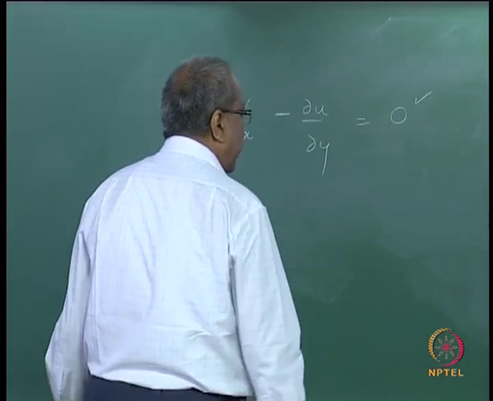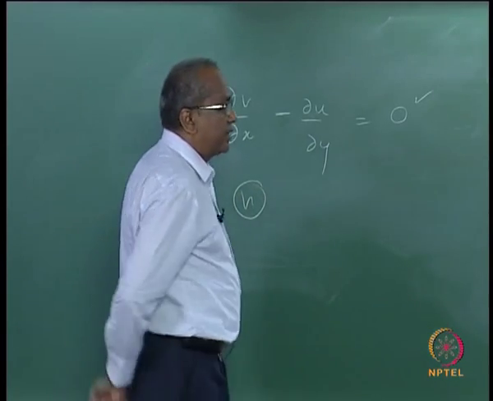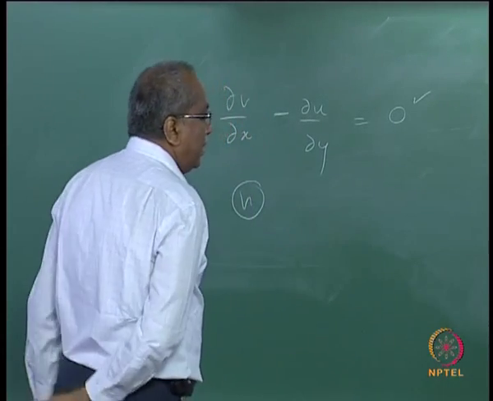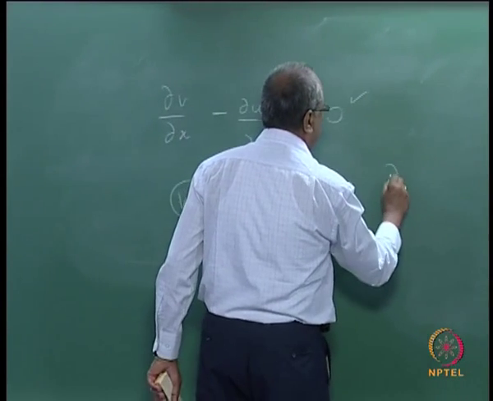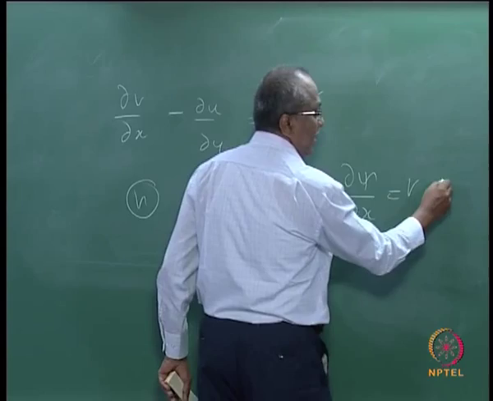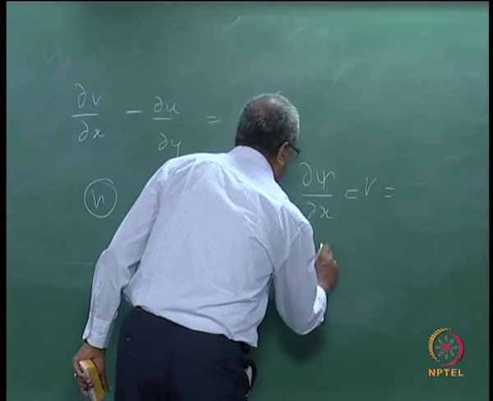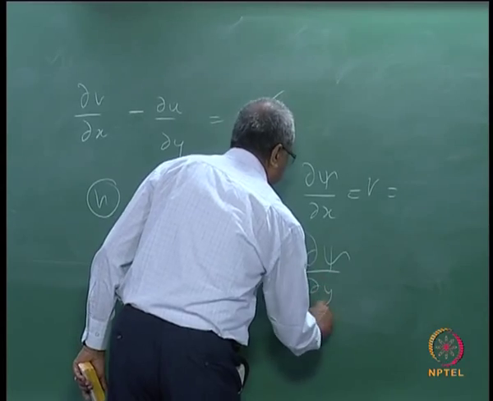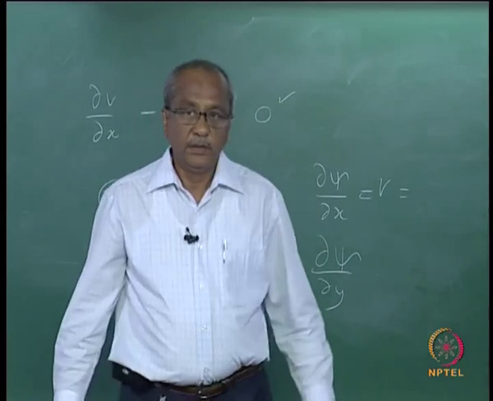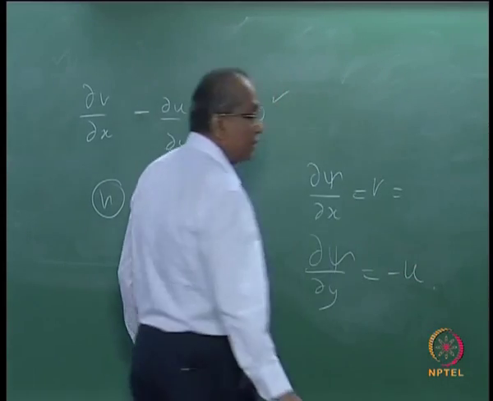Now dou psi by dou x, we already know the expression for v. So now you can get dou psi by dou x equal to v. So you get an expression there, and similarly you get an expression for dou psi by dou y, which is nothing but minus u.